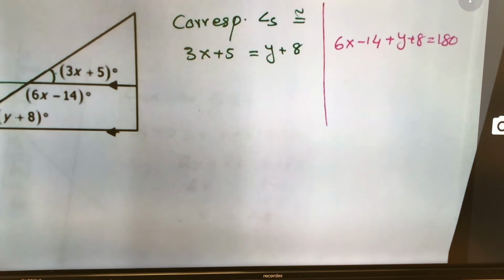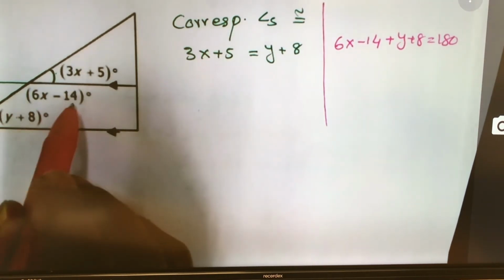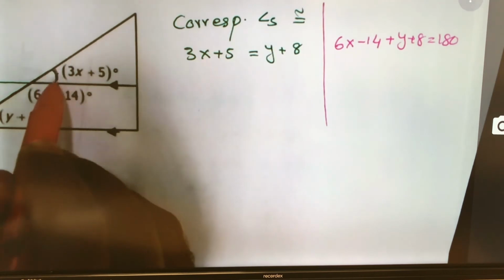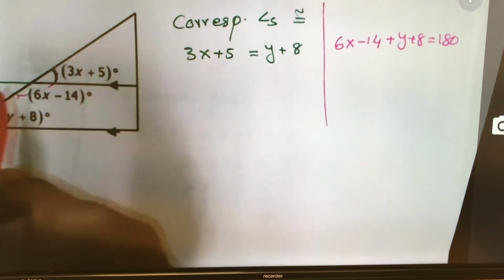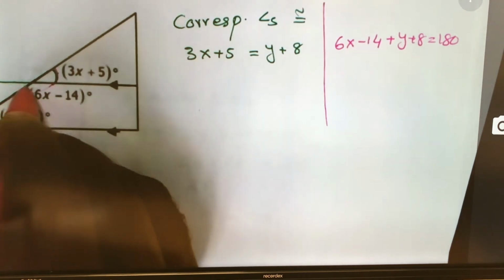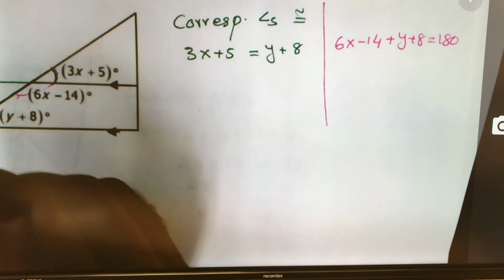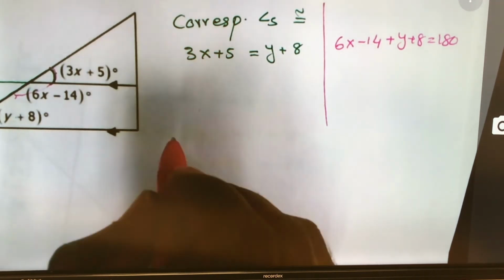So look here, I have an x term here, and here is another x expression. So if I draw the arc for both of them, they are side by side, they are sharing the same line. So that means they are a linear pair, so they add up to 180.